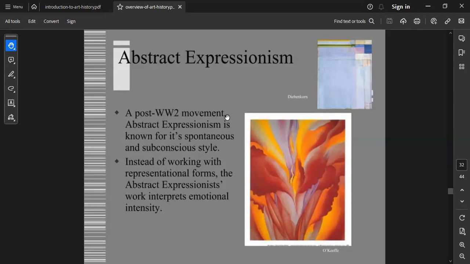Instead of working with representational form, abstract expressionism works interpret emotional intensity as well. So you can see fires and fiery smokes and flames, which are covered. And this specifically talks about a situation, a state of emergency, something which is not favorable.